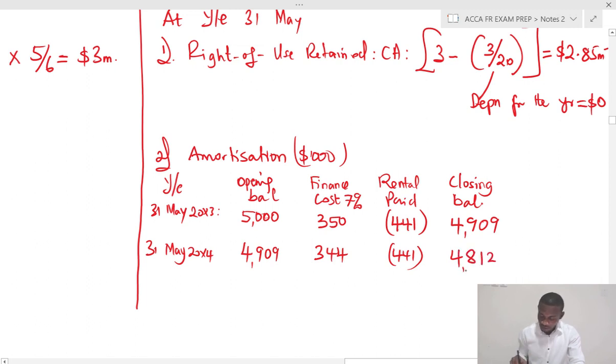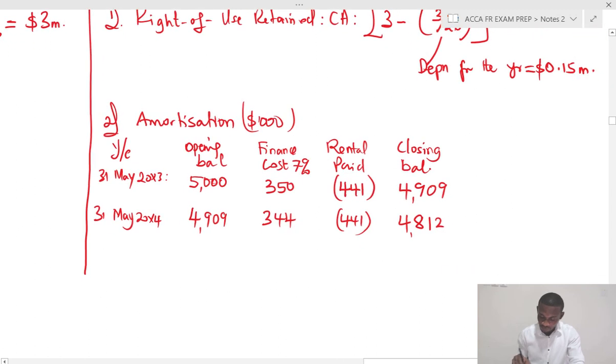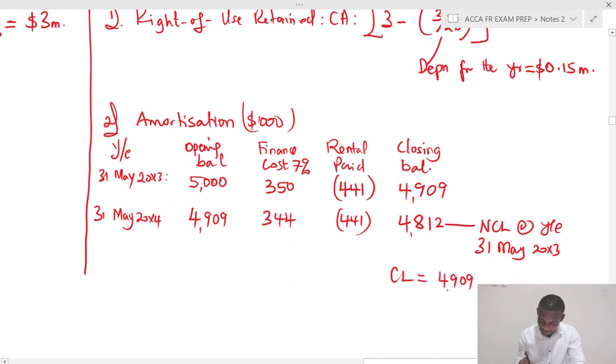Then the current liability will be 4,909 minus 4,812, and that is 97. So 97, approximately 97,000, will be the current liability component.